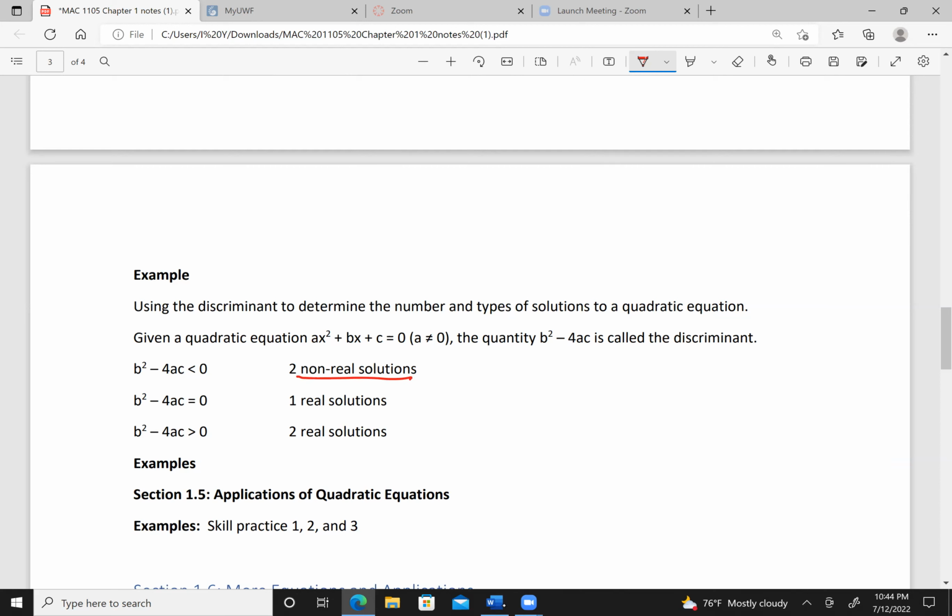And again, beyond chapter 1, we won't deal with that. Once we get to graphing, we will stay with real numbers only. So in that case, it would be no solutions. Now, if it's equal to 0, you have 1 real solution. And if it's greater than 0, you have 2 real solutions.